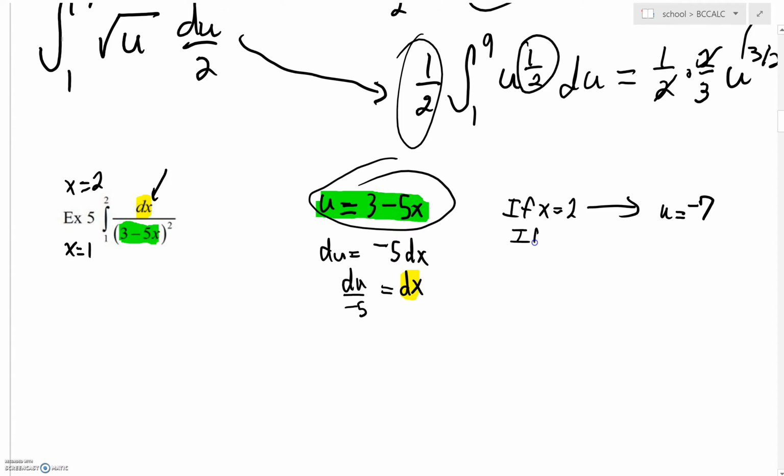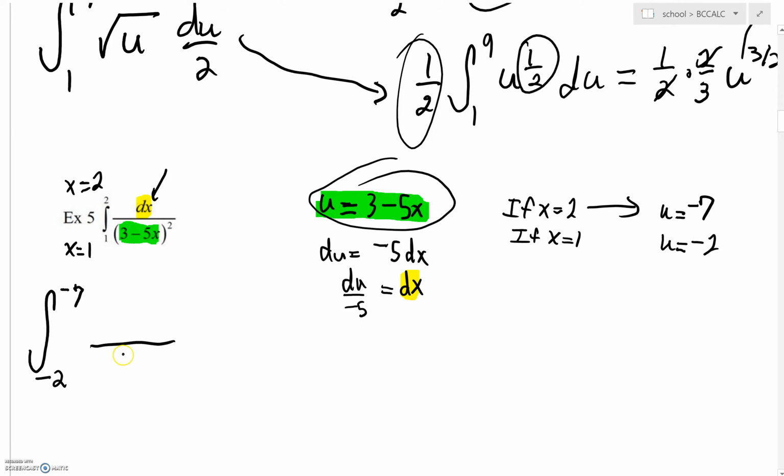Now, if x is equal to 1 for our lower boundary, then u would equal negative 2. So what can immediately seem to be a little troubling is that I do have new boundaries, but the smaller number, clearly negative 7, is smaller than negative 2. Looks like our smaller number is up on top.